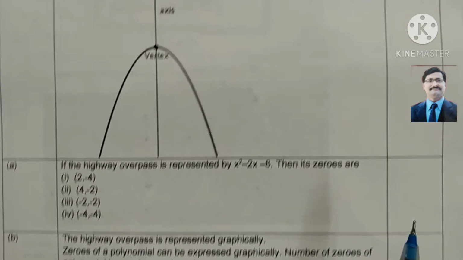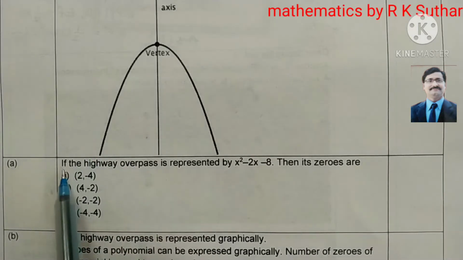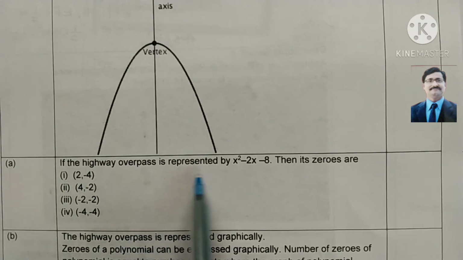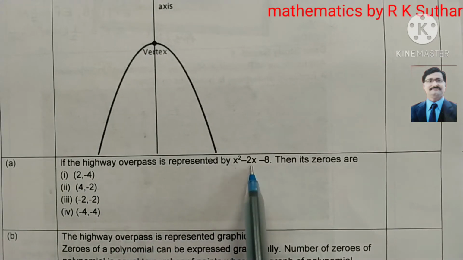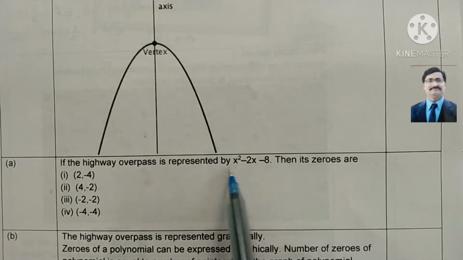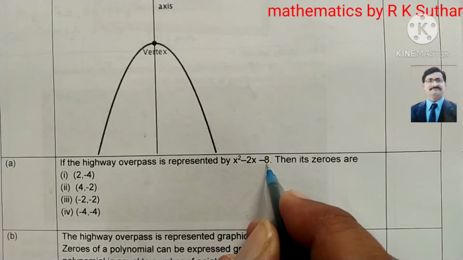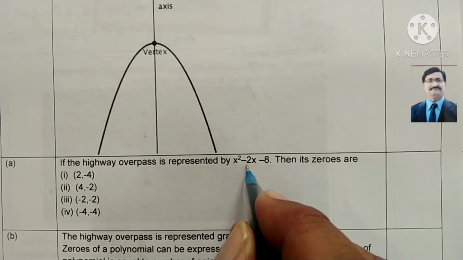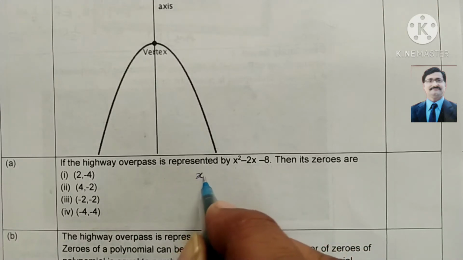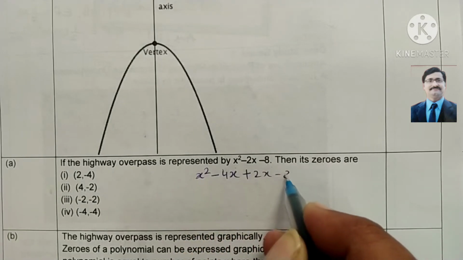Now we have a question. Look here, if the highway overpass is represented by x² − 2x − 8, then its zeros are, meaning we have to find the zeros of this. Multiply to get −8 and subtract to get 2, so we get 4 and 2. So x² − 4x + 2x − 8.